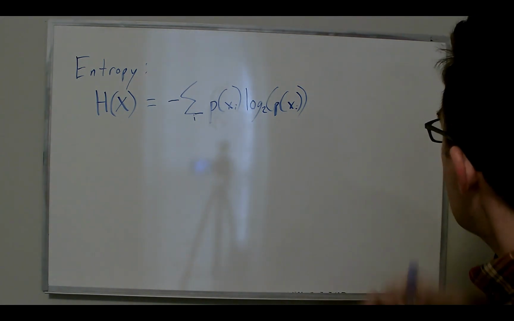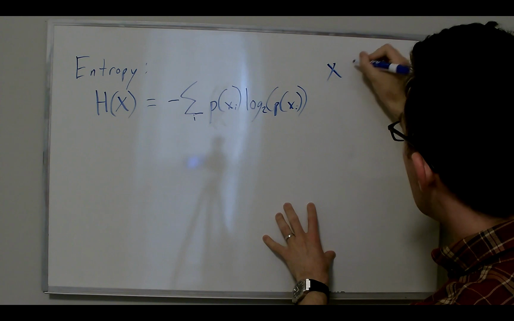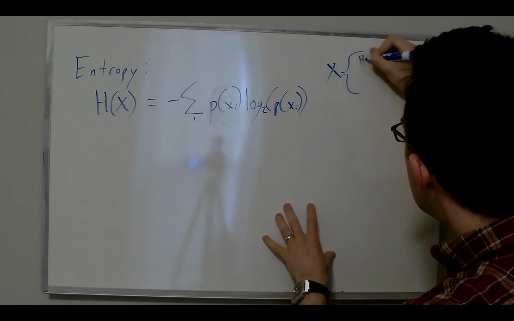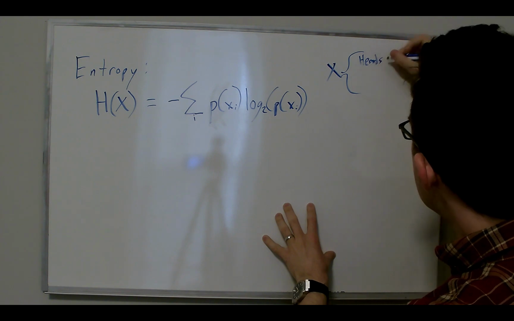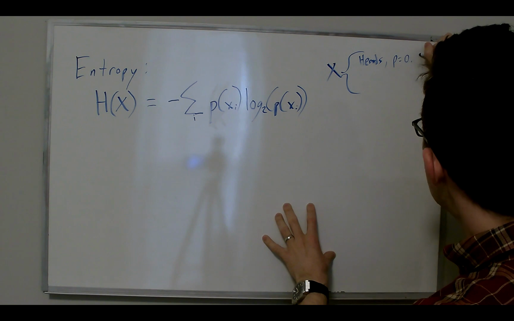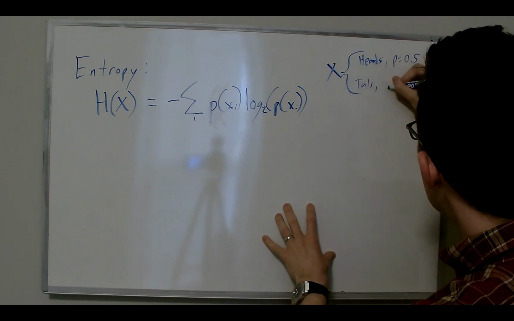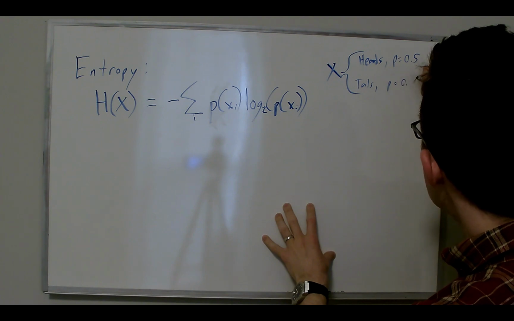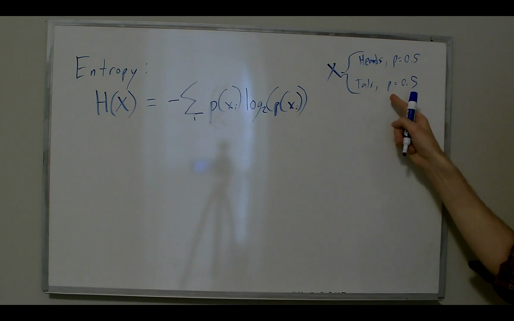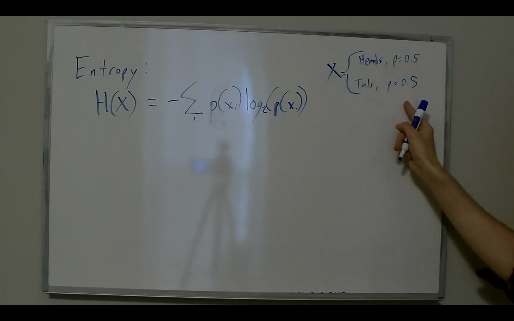Okay, so we have our random variable x, which is the coin flip, and it's going to be heads with probability 0.5 and tails also with probability 0.5. So this is our probability distribution for our random variable: heads, probability 1/2, tails, probability 1/2.